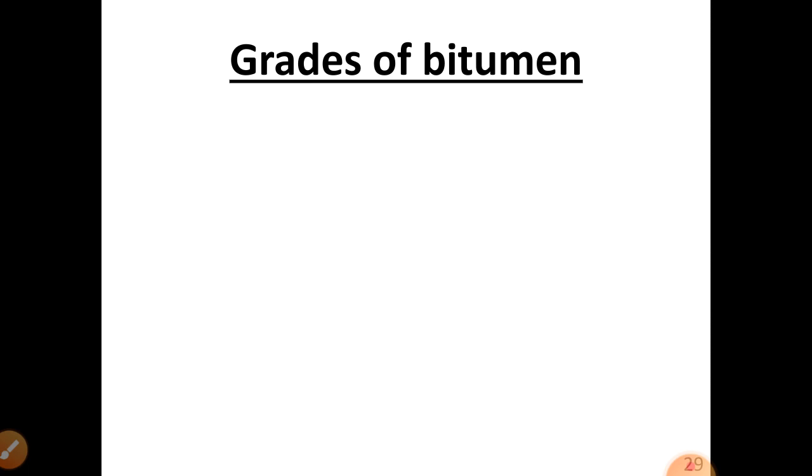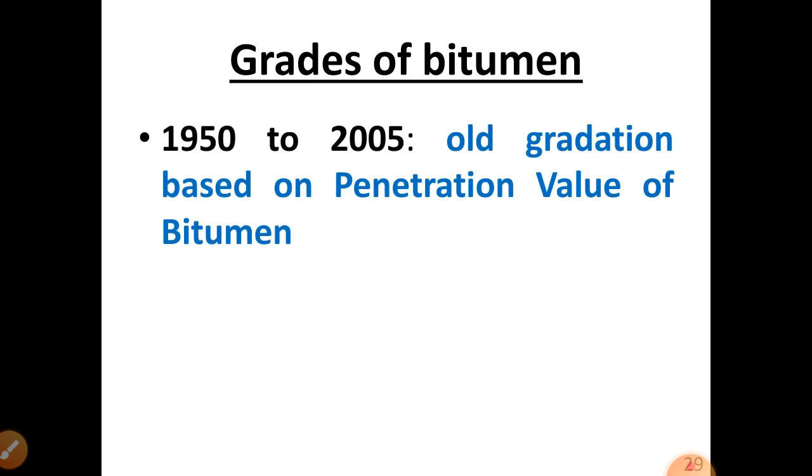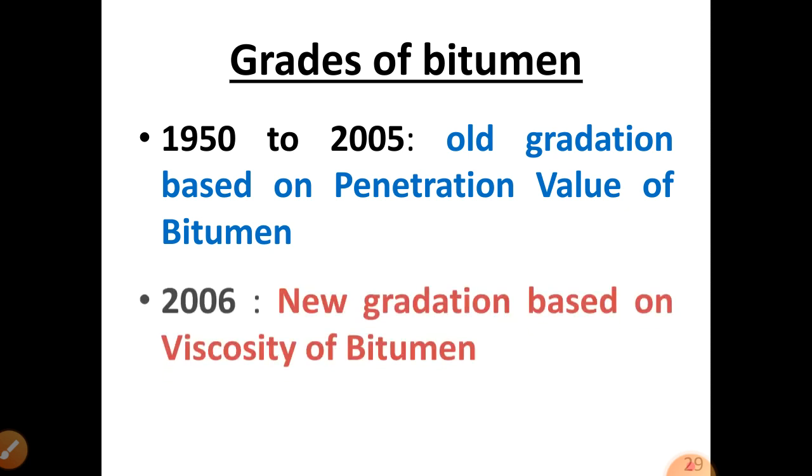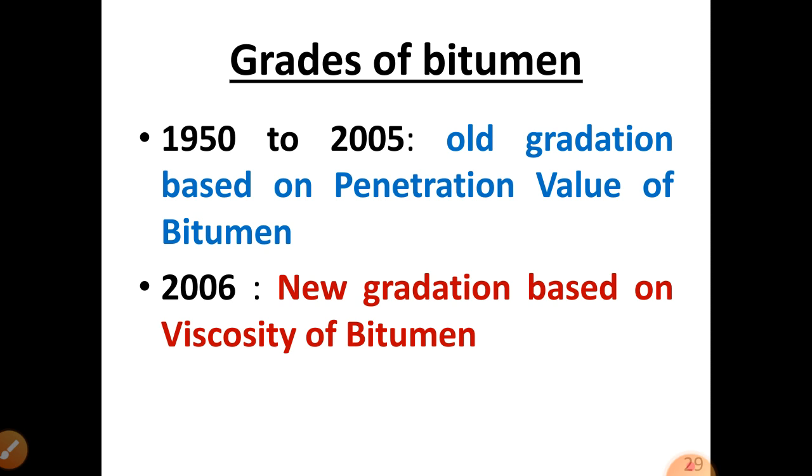Grades of bitumen. From 1950 to 2005, old gradation based on penetration value of bitumen was used in India. In 2006, new gradation based on viscosity was standardized.